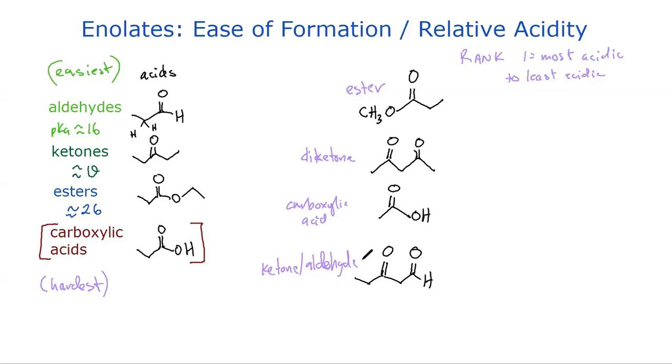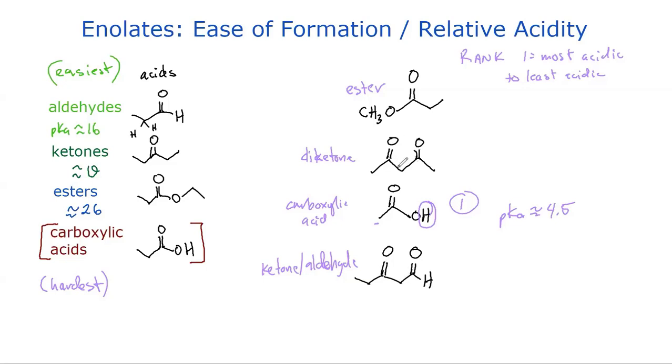The most acidic compound is actually the carboxylic acid, not because of its alpha hydrogen, but because of the carboxylic acid hydrogen. Carboxylic acid hydrogens are going to be far more acidic than any of the carbonyls' alpha hydrogens, and that's a pKa of somewhere around 4.5, 4.7 for acetic acid specifically. The next case will be a tie between the diketone and the ketoaldehyde.